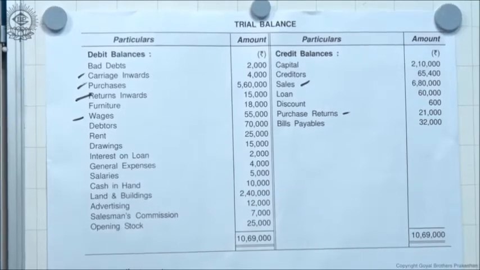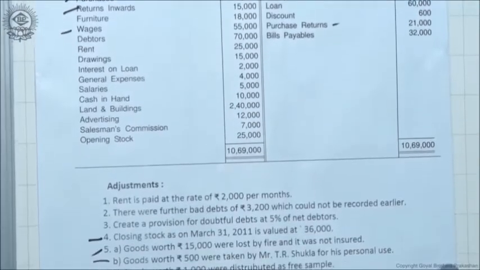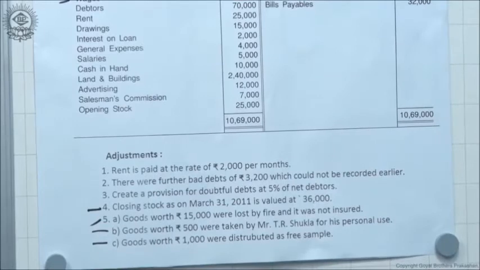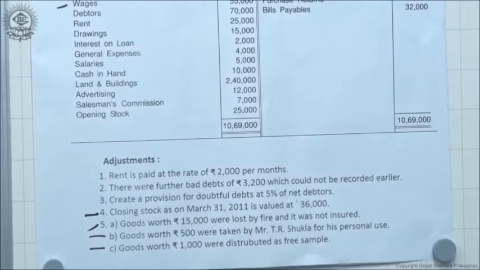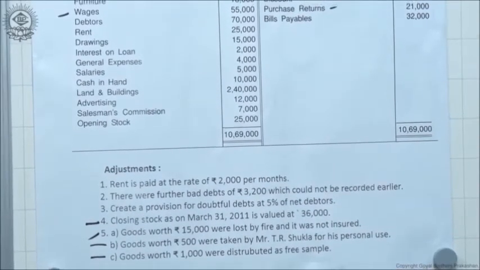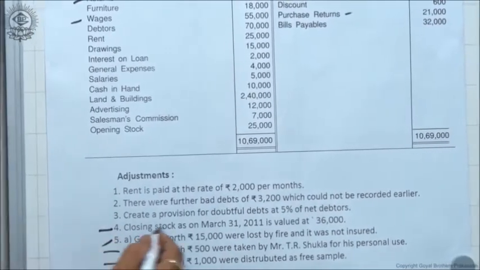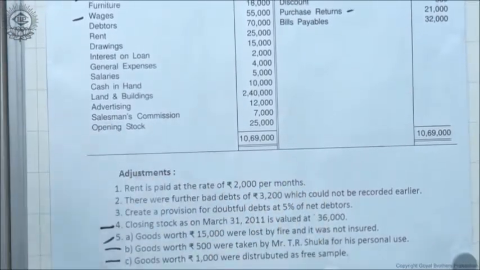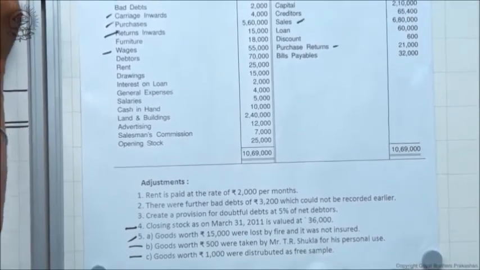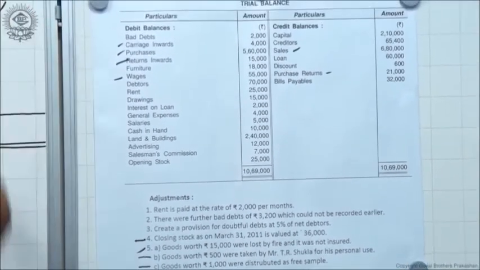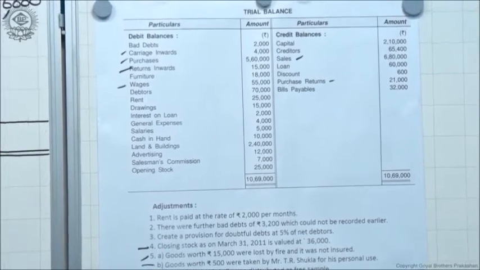There is a closing stock. क्लोजिंग स्टॉक हमारे पास है 36,000. ये है. तो ट्रेडिंग अकाउंट पूरा हो गया हमारा.